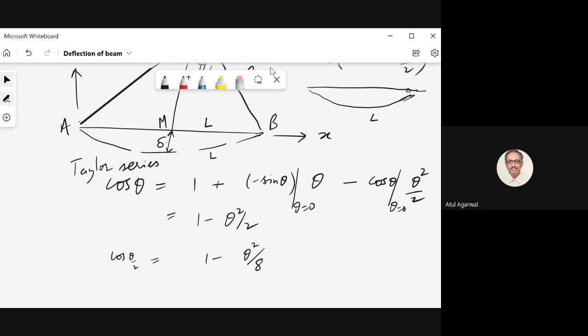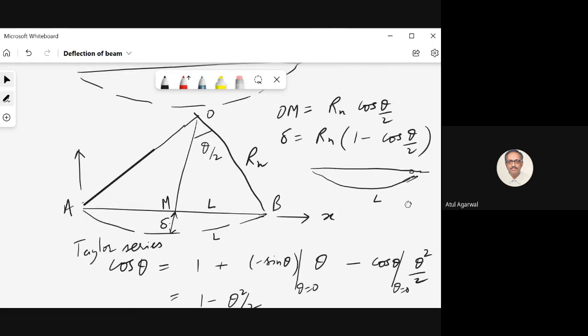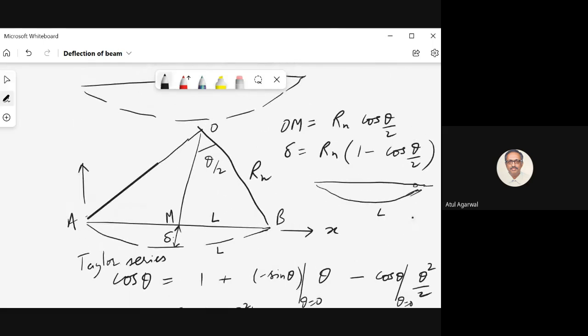So what was my theta? I think I had found theta as m naught L by EI. Should I check it out? Okay, we'll see. Theta is equal to m naught L by EI.